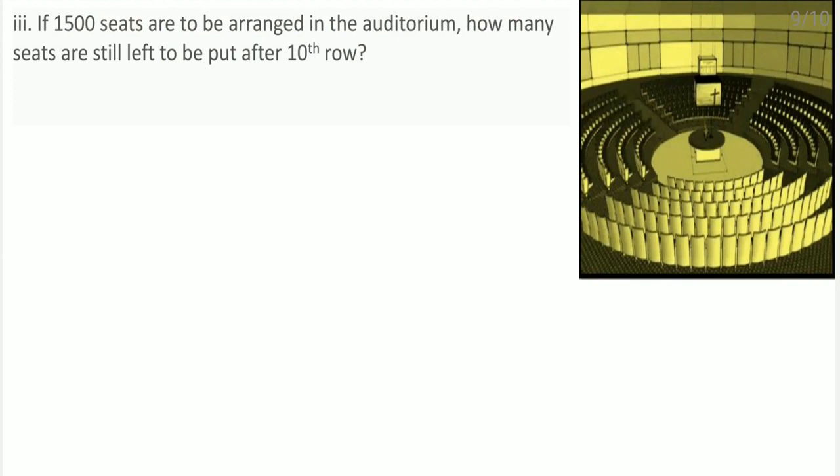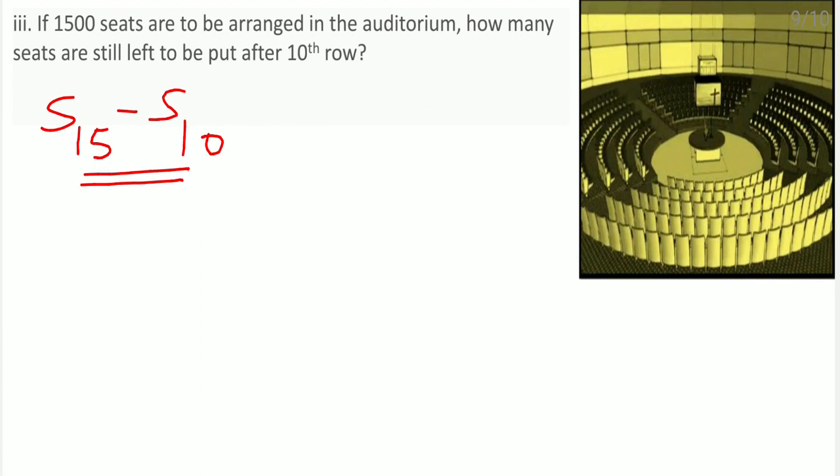Third one, if 1500 seats are to be arranged in the auditorium, how many seats are still left to be put after 10th row? That means, see, here Sn, or you can say S15 because 15 rows are there. S15 minus S10, right? So here, how many seats are there that we need to find out? So from total number of seats, we will remove the total number of seats till 10th row.